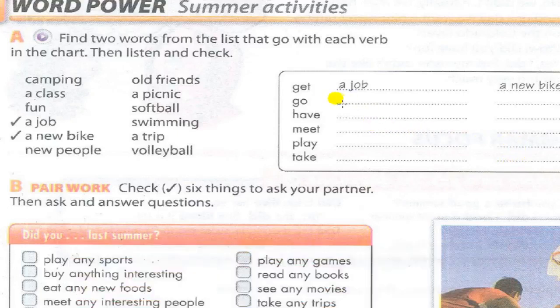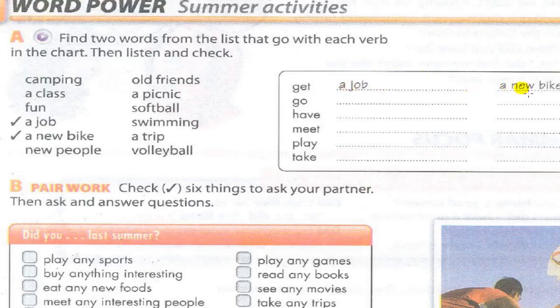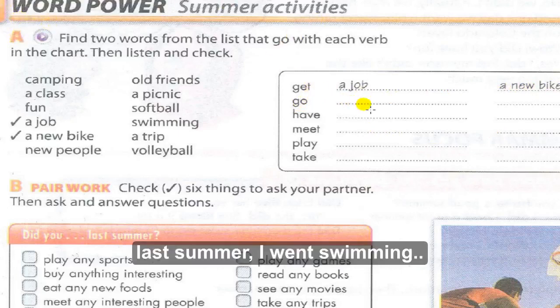Now, can you make a sentence? Last week I got a job. Last month my father bought a new bike. I got a new bike. Go, the past, went. Put this word in a sentence. Last summer I went swimming.